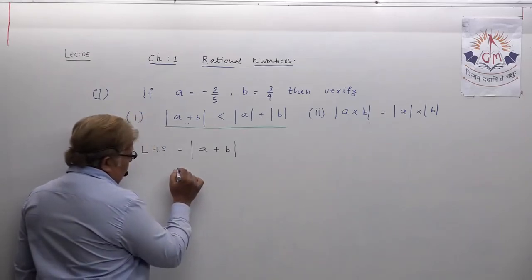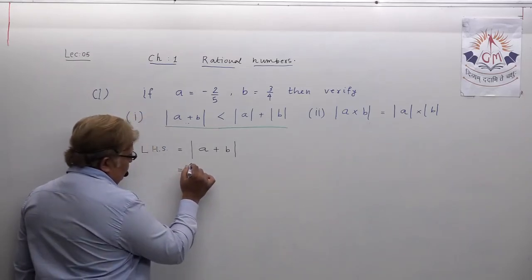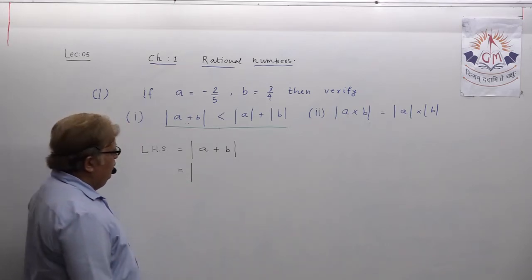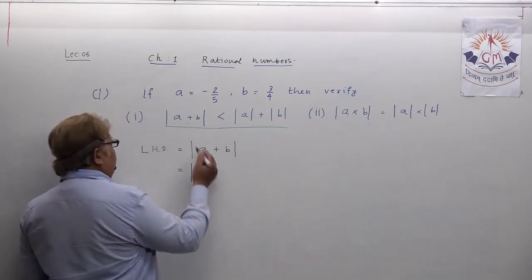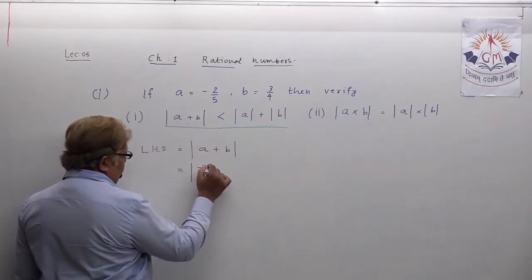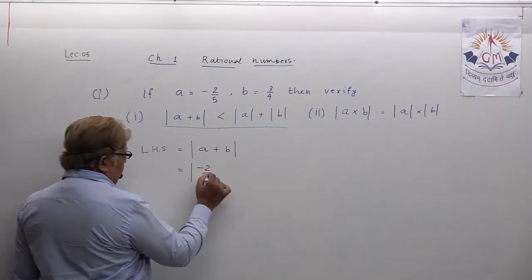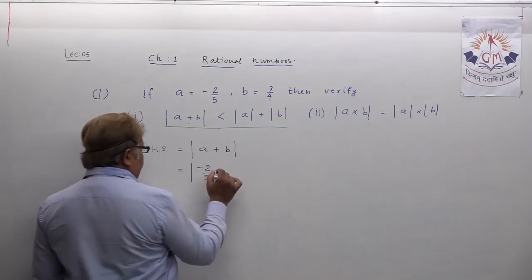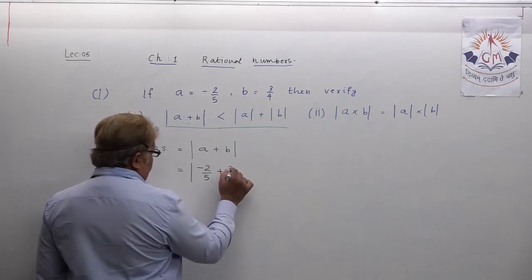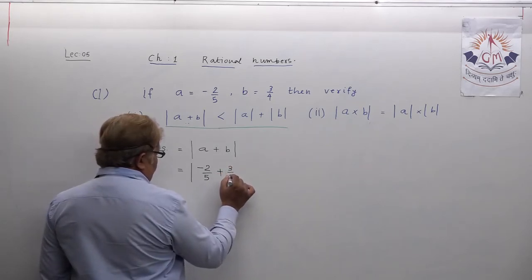Let us write both the rational numbers given: a, that is minus 2 upon 5, plus b, that is 3 upon 4.